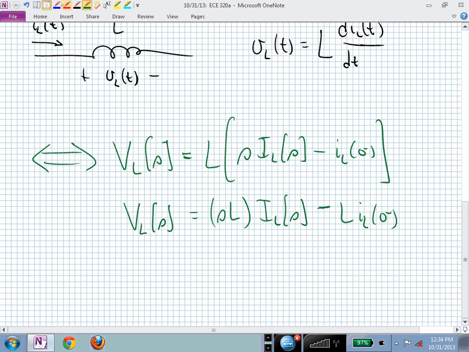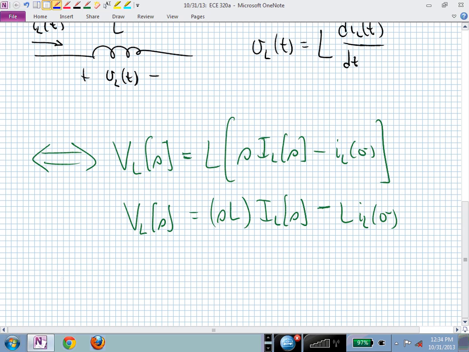A piece involving the impedance of that inductor, which is S times L. S is our complex frequency variable, and a piece due to the initial condition. And both of those are making up the total Laplace transform voltage of that inductor.